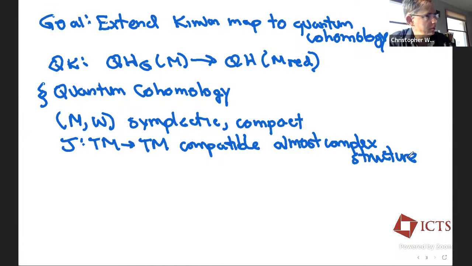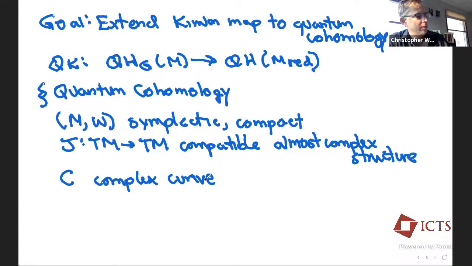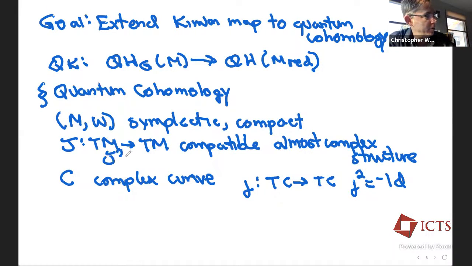And so then we take a complex curve. And so then it has a little j, j squared is minus identity. Here, the big J squared is minus identity on TM.